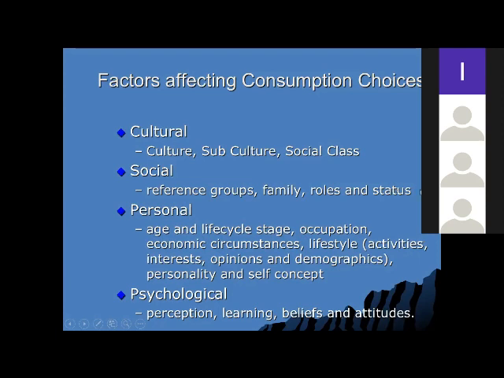Sometimes you buy things because of family pressures, and then sometimes the personal, age and life cycle stage, economic circumstances. If you have more money, you buy things more and throw away. Lifestyle, and sometimes the opinion of others, demography, personality, and self-concept. So all this leads to buying more things and consuming more, and it's not sustainable.